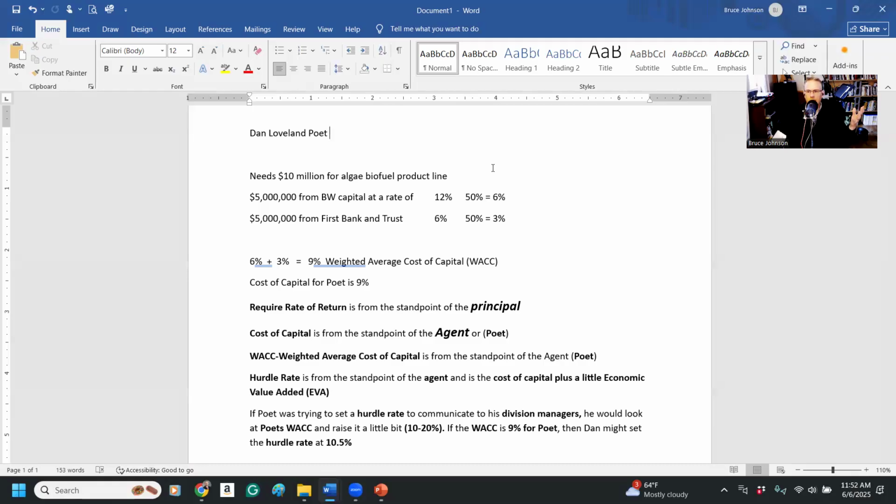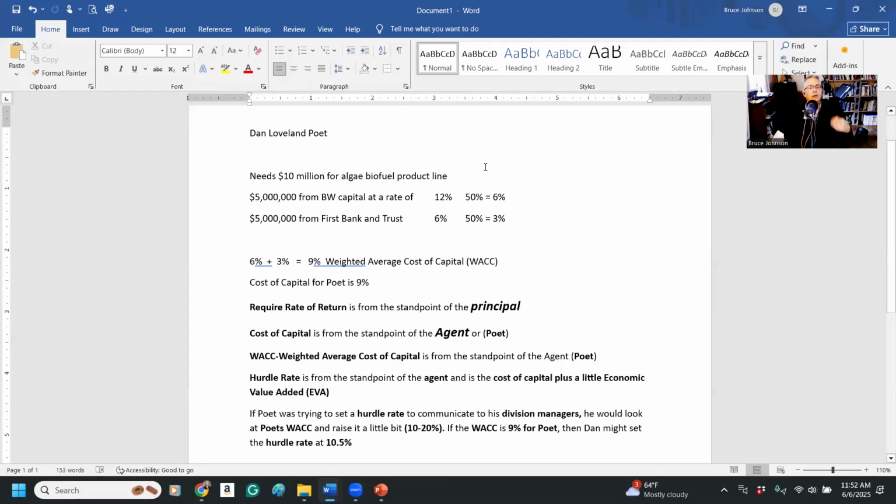I looked at all of them and said, what are you guys doing? You're not understanding this. Debt is preferable for a company because it has a lower cost of capital. And Dan Loveland's goal is to constantly try to decrease the cost of capital.